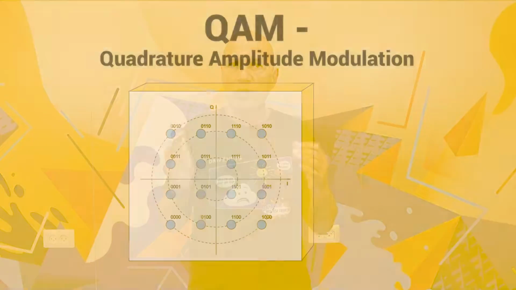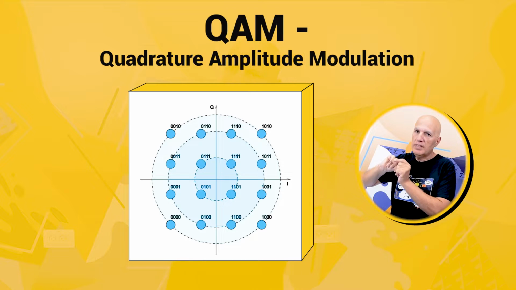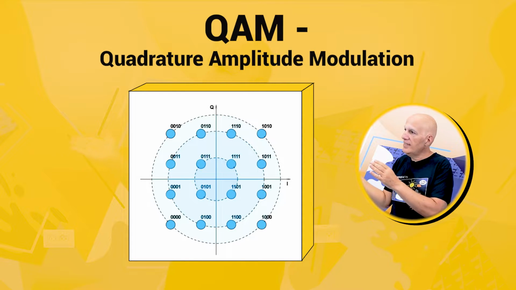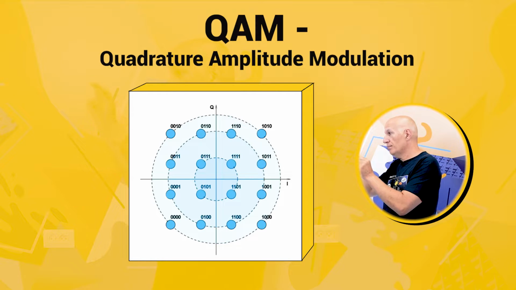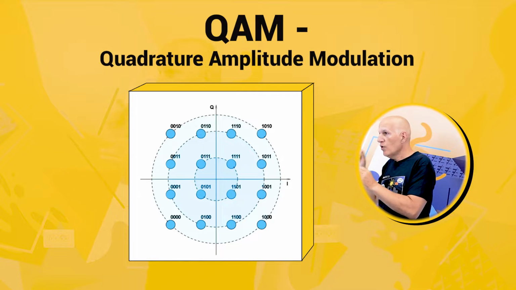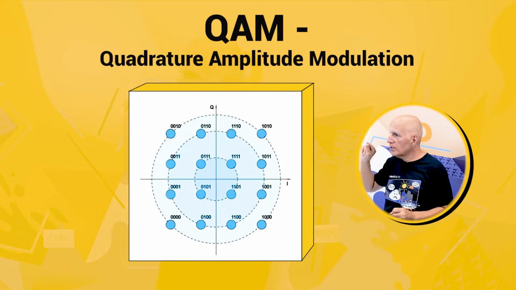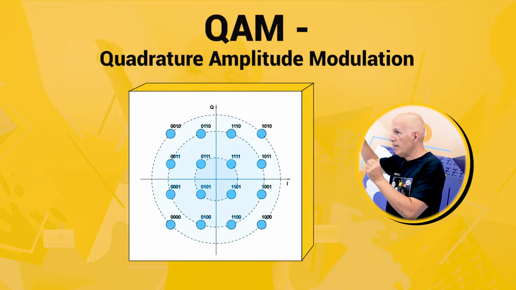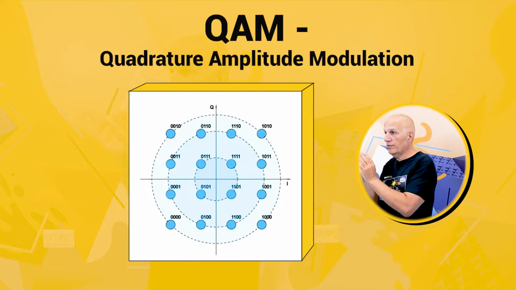And if we put the amplitude and the phase, the angle, on a graph, and say the amplitude is the distance from the zero axis and the phase is the angle from the x-axis, we can draw certain symbols. Each symbol represents a certain amplitude and a certain angle or phase.